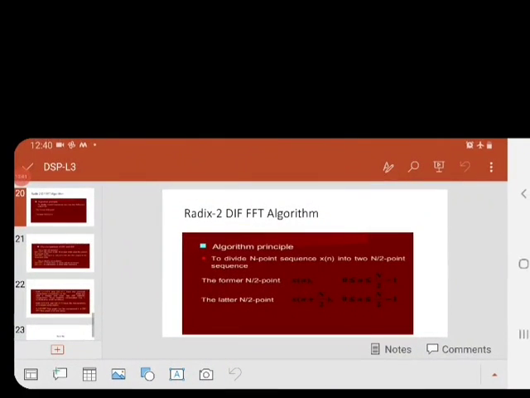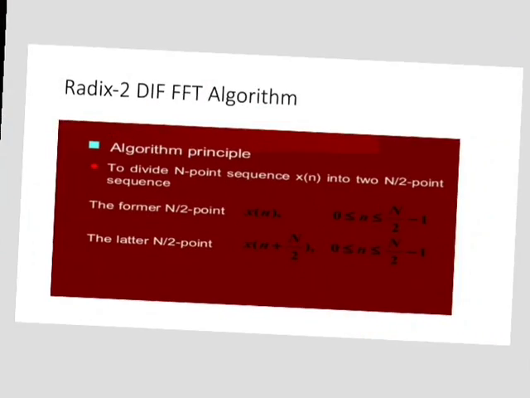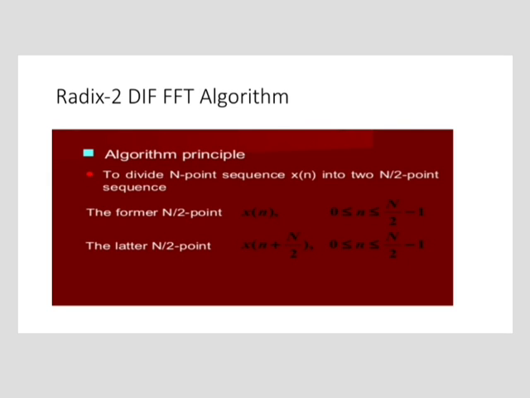The mathematical simplification reveals that both the even index and odd index frequency outputs X of k can each be computed by a length N by 2 DFT. The inputs to these DFTs are the sums or the differences of the first and second half of the input signal respectively, where the input to the short DFT producing the odd index frequencies is multiplied by a factor, that is the twiddle factor.